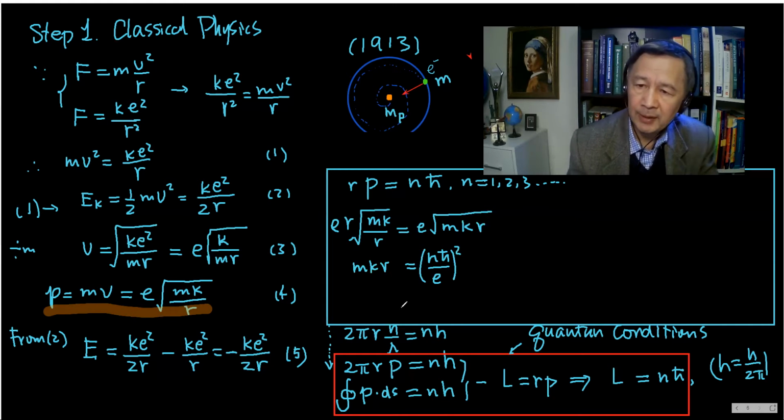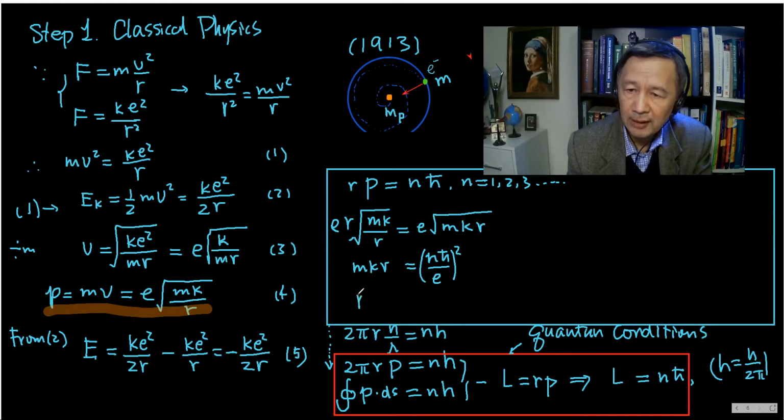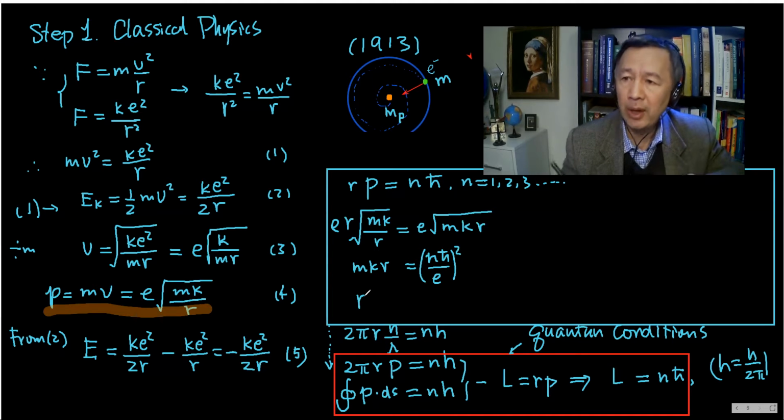Aha, you can see in this formula, all other quantities are constants except the R. So in this case, we can find the formula for the R. The R represents the radius of one of the stationary orbits.